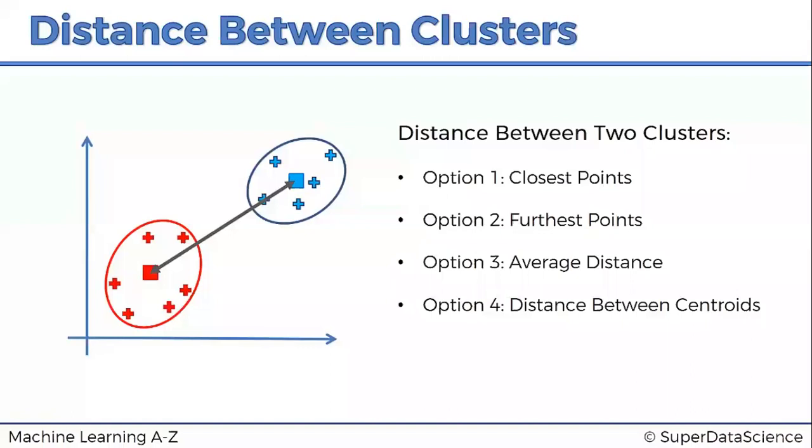It's just something to remember, and based on your particular situation, whether it's a business problem or another type of data science problem, based on what exactly you think is the best approach, you're going to need to define that in your algorithm. So just keep in mind that for the hierarchical clustering algorithm, the distance between clusters is a crucial element, and you need to remember how you're defining it in your approach.